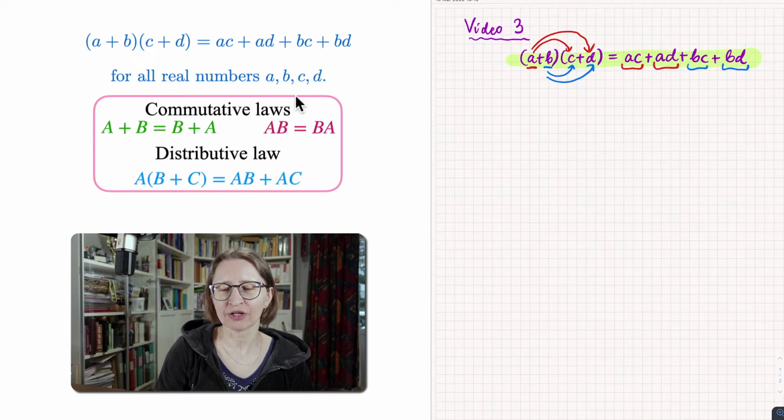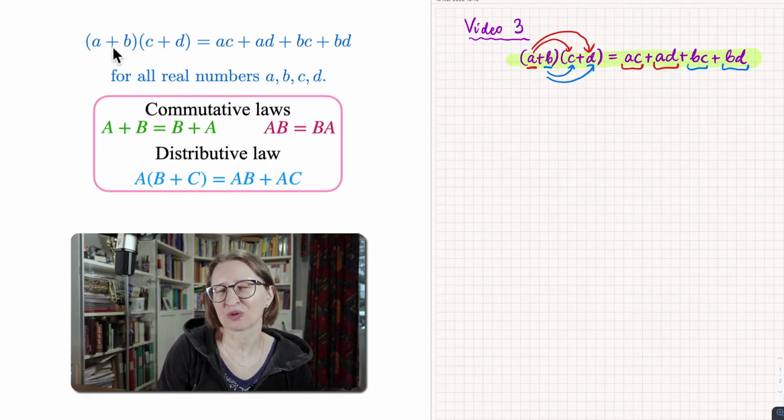So just as a little help, I put here the commutative laws and the distributive law, because these laws will be needed for proving this formula. And you see also that I have changed the letters from small letters to capital letters in the formulas for commutative and distributive laws.